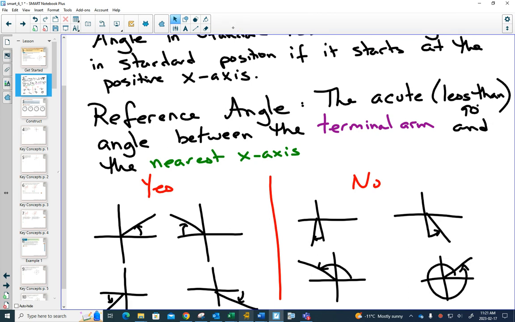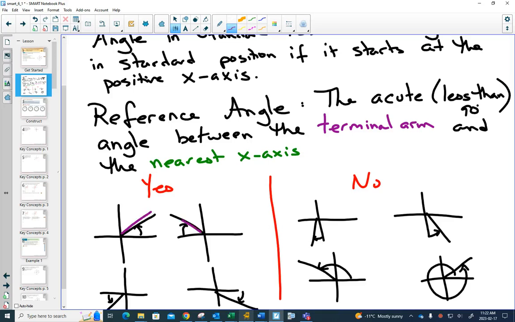So the definition of a reference angle is the acute angle, less than 90 degrees, between the terminal arm and the nearest x-axis. So I'm going to draw all of my terminal arms of the angles in purple.